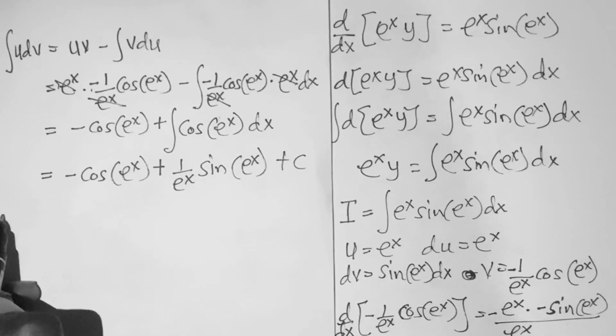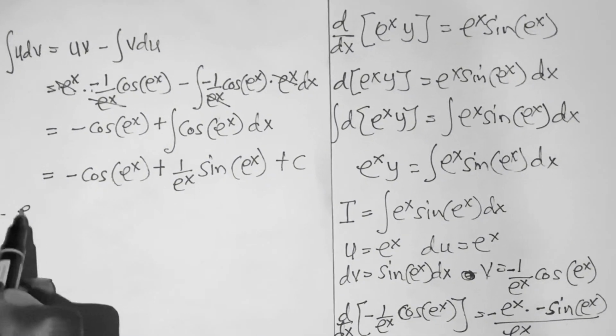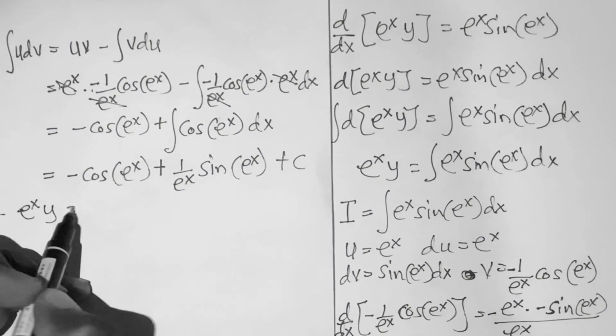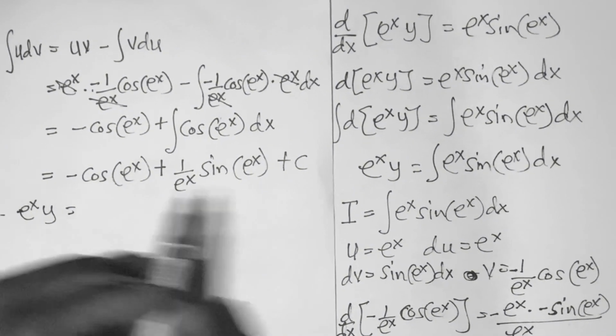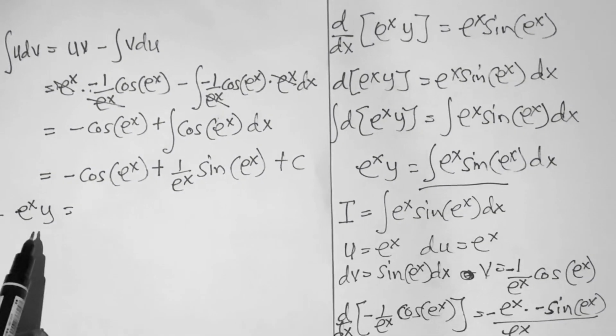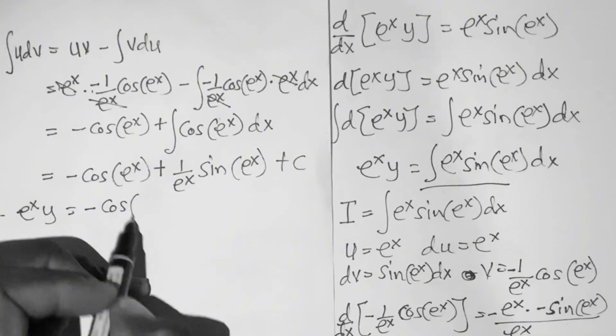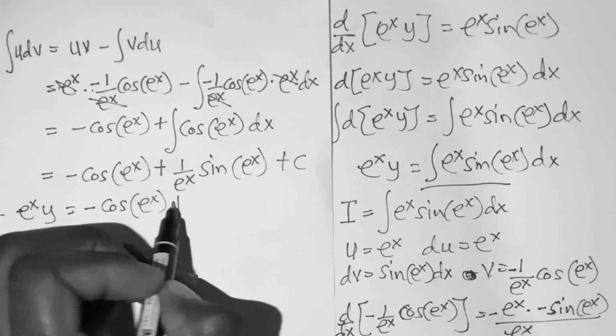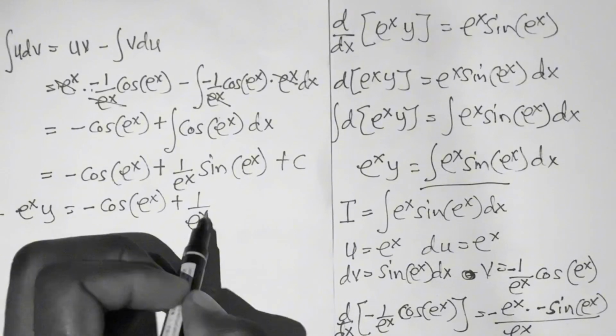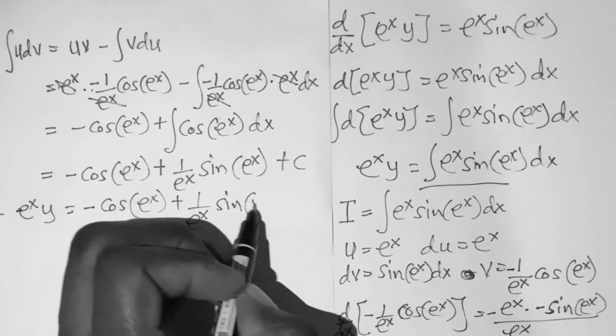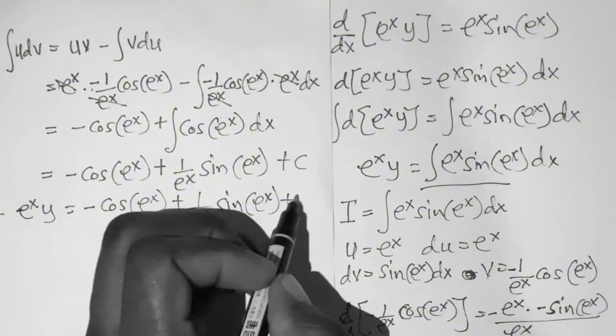So it implies that e^x y is equal to, remember that all of this integral is equal to this. So this is equal to minus cos(e^x), then plus 1 over e^x sin(e^x) plus c.